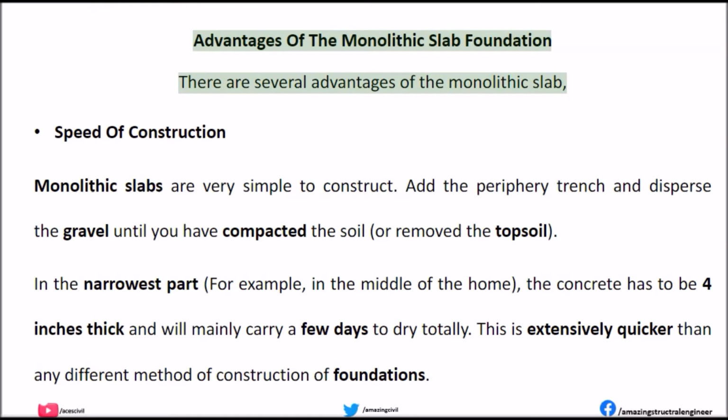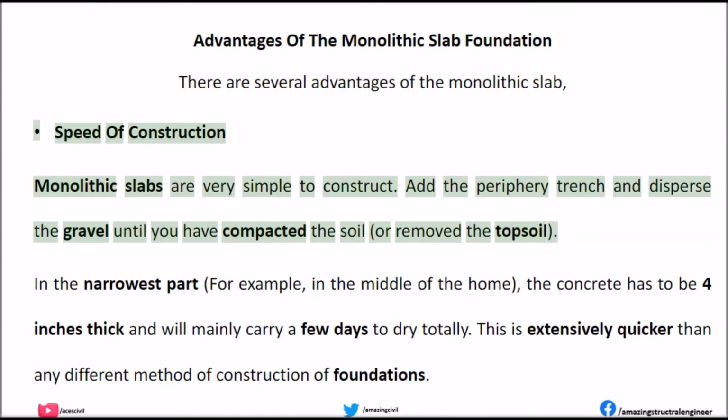Advantages of the monolithic slab foundation. There are several advantages of the monolithic slab. Speed of construction. Monolithic slabs are very simple to construct. Add the periphery trench and spread the gravel once you have compacted the soil or removed the topsoil.